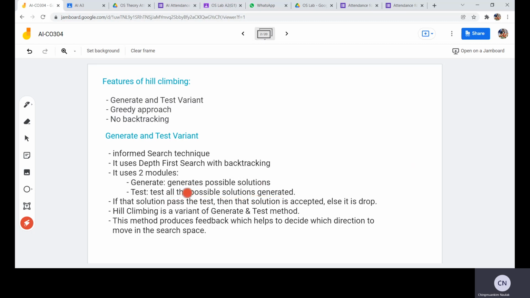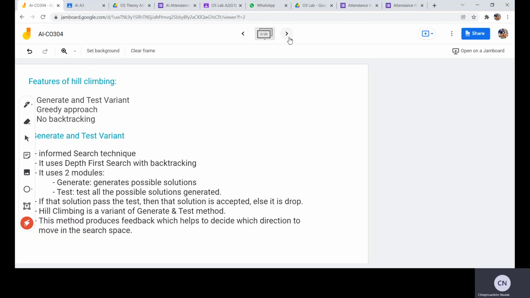If among these possible solutions a solution passes the test, then the solution is accepted, else you drop it. And how do you know that the solution has passed the test? If the particular solution that you're testing matches the goal state, then it has passed the test. This method produces feedback that helps to decide which direction to move in the search space.